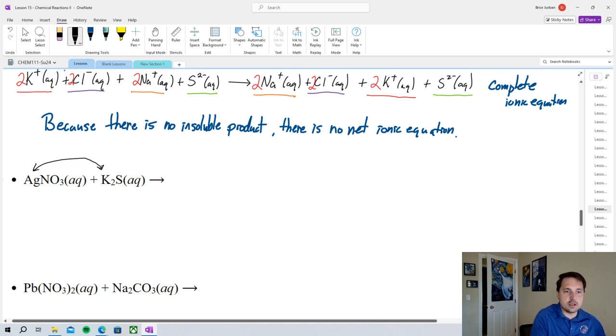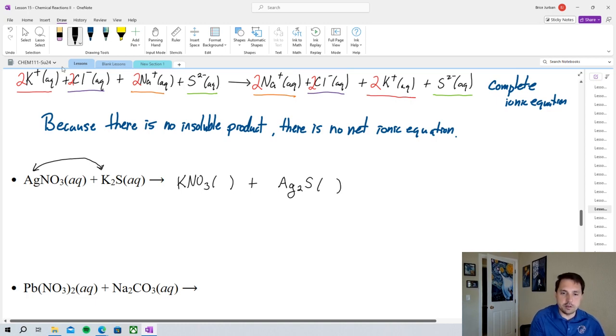And when we do this, we'll get potassium nitrate, which is KNO3. And let me leave out the solubilities here for a second. And then we'll have silver sulfide. And remember, silver is always a 1+ charge. You can always look back at your periodic chart of the ions to figure that out. So then we'll get silver sulfide, Ag2S.